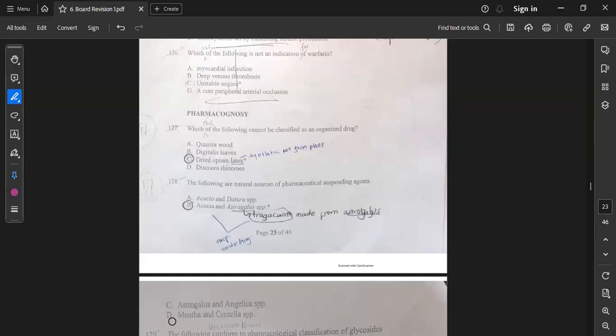Yes. What do we mean when we say organized drug? Remember last time we said an organized drug is like the whole plant or part of it, like the roots, the rhizomes, the leaves, the fruits. Okay.